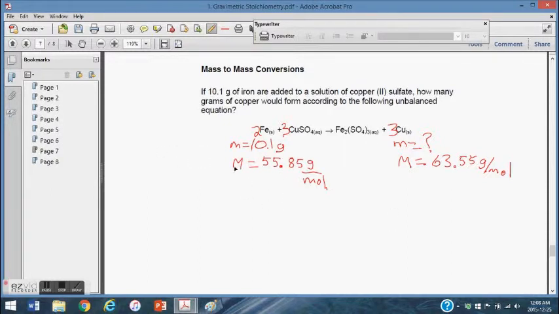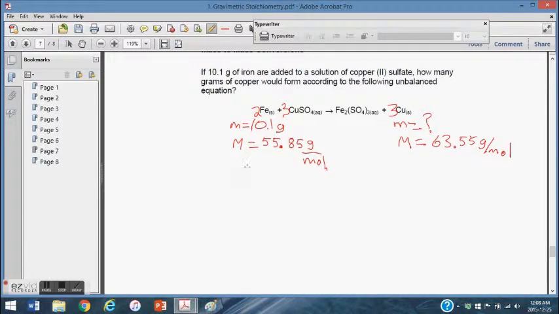The very first thing I want to do here, this is method number 1, using formulas. I'm going to find out how many moles of iron I have. n is equal to little m over big M, which is equal to 10.1 grams per 55.85 grams per mole.